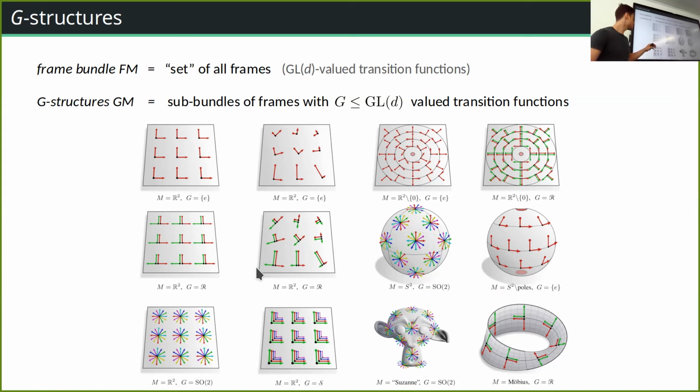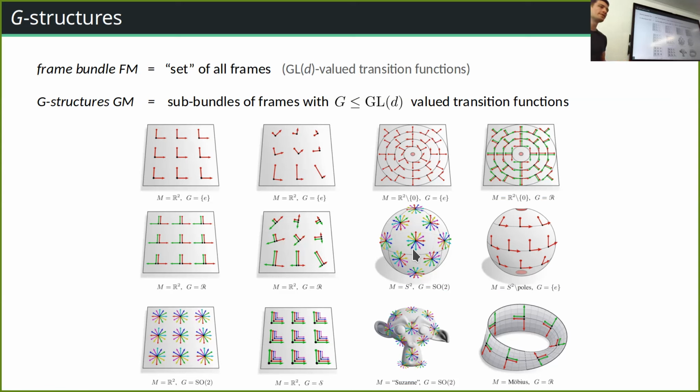And you see the transition functions here between the frames at one point are trivial. Here you have reflections. Here you have a rotation group structure or SO(2) structure. Here you have a scaling group. Here you have a trivial group structure which corresponds to polar coordinates, and polar coordinates and reflected frames. Yeah, on SO(2) you would usually look at this.